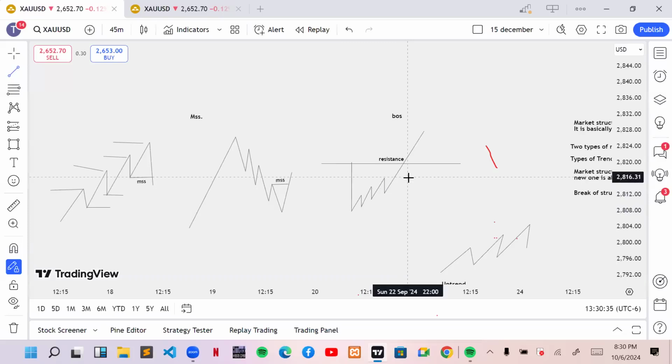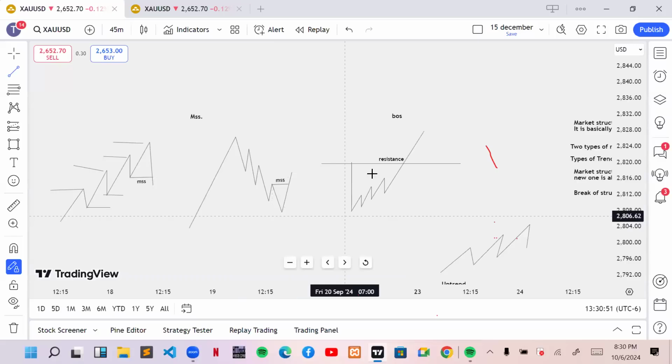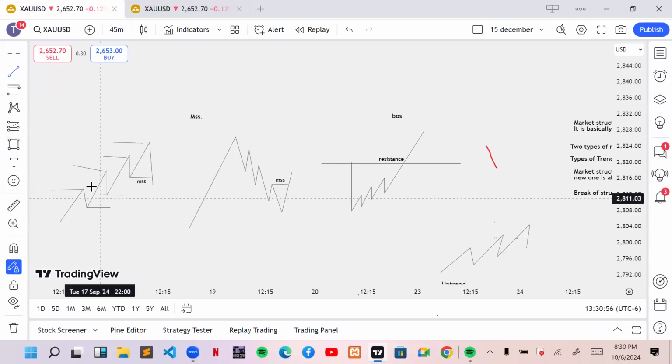That is the difference between market structure shift and break of structure. In market structure shift, it changes direction to the opposite side. In break of structure, it still maintains its current direction, but it breaks a key level in the market. So this is the break of structure for an upside, and this one should be a break of structure for the downside.